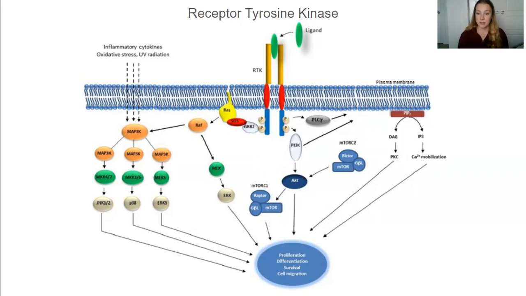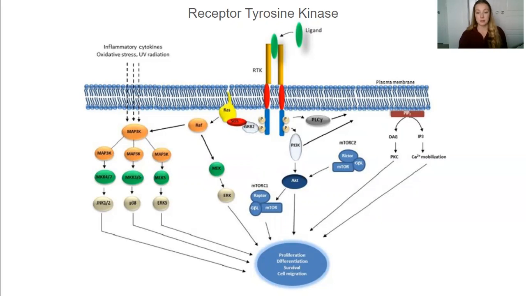The activation of receptor tyrosine kinase is initiated through the binding of that signaling molecule, that ligand, to the ligand binding site and receptor dimerization. Once the dimerization occurs, an intracellular tyrosine kinase domain is activated through the transmembrane domain.